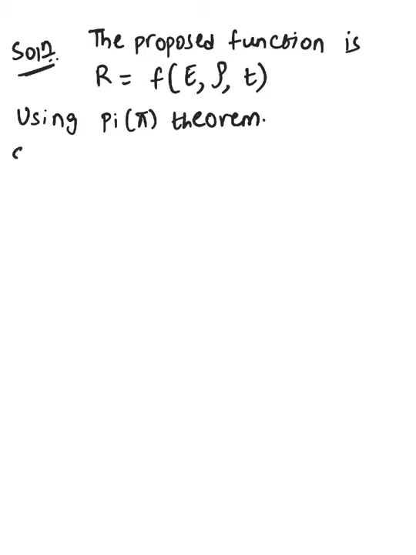Step 1 of the Pi theorem: we need to list and count the n variables involved in the problem. If any important variables are missing, dimensional analysis will fail.